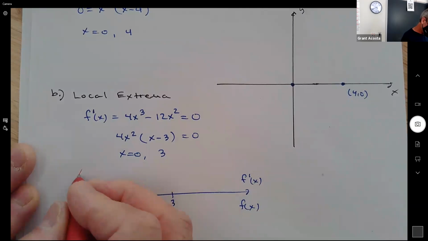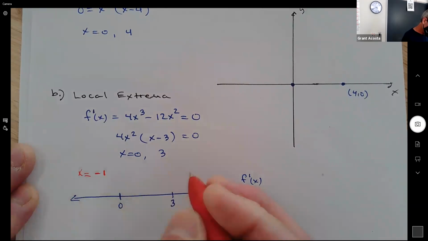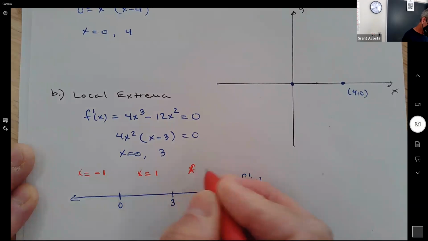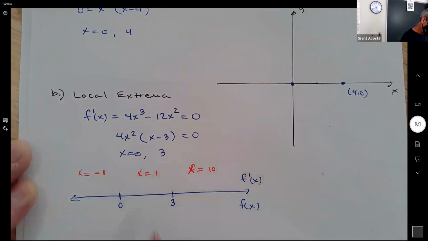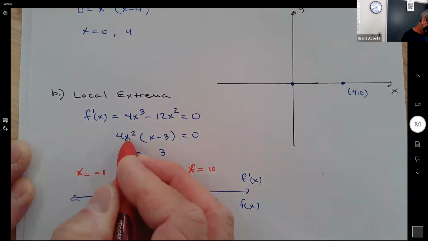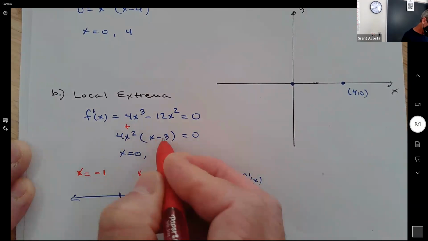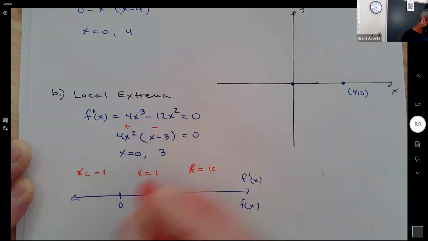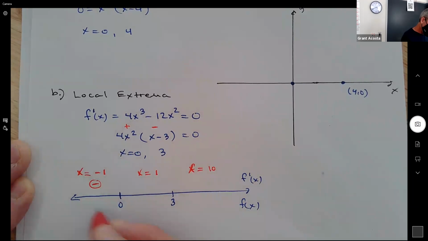So now I'll pick some test numbers. -1, 1, whoops, x equals 10. -1, if I plug it in here, squaring it, that's going to be positive. 1 minus 3 is negative, though. So that means this is going to be negative. So that means my function's decreasing.